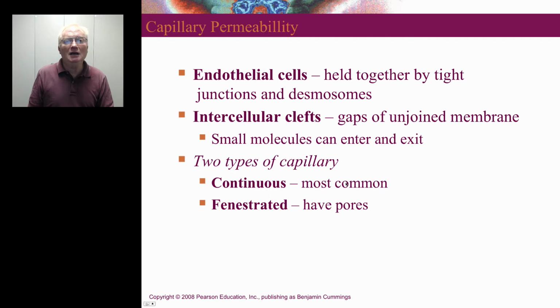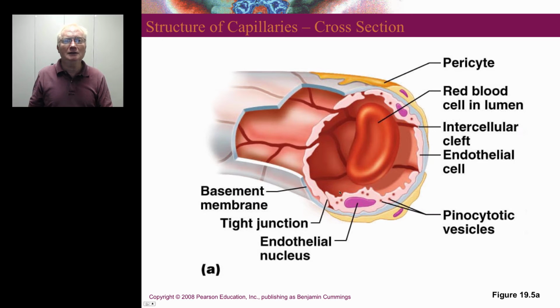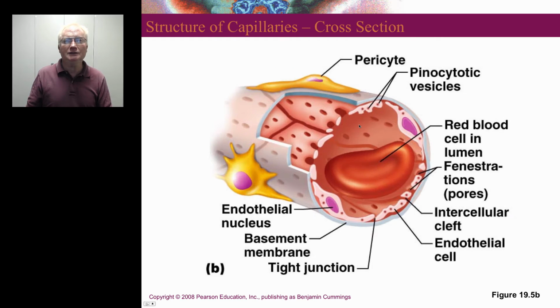Continuous capillaries are the most common, and they have tight junctions and desmosomes. Some epithelials are fenestrated. Fenestrae are windows, and these windows or pores allow things to travel across the endothelial lining. Here's a conventional endothelial lining of a capillary, and you can see the tight junctions are very close together, the desmosomes holding them together, and things as large as a cell and even proteins cannot get from the blood out to the surrounding tissue or vice versa.